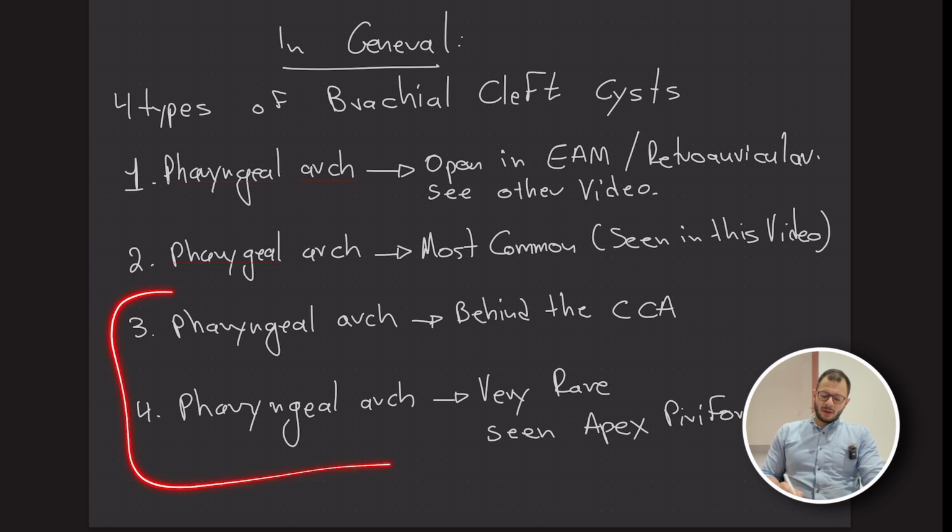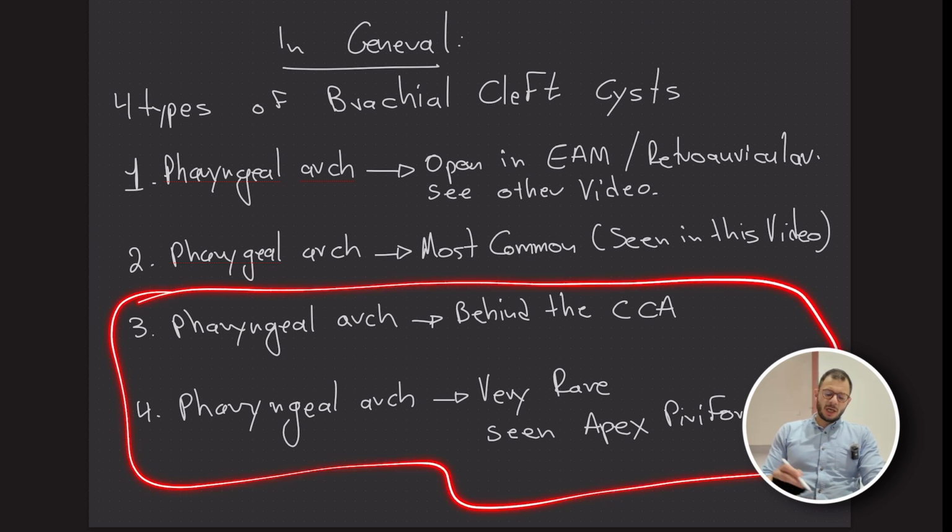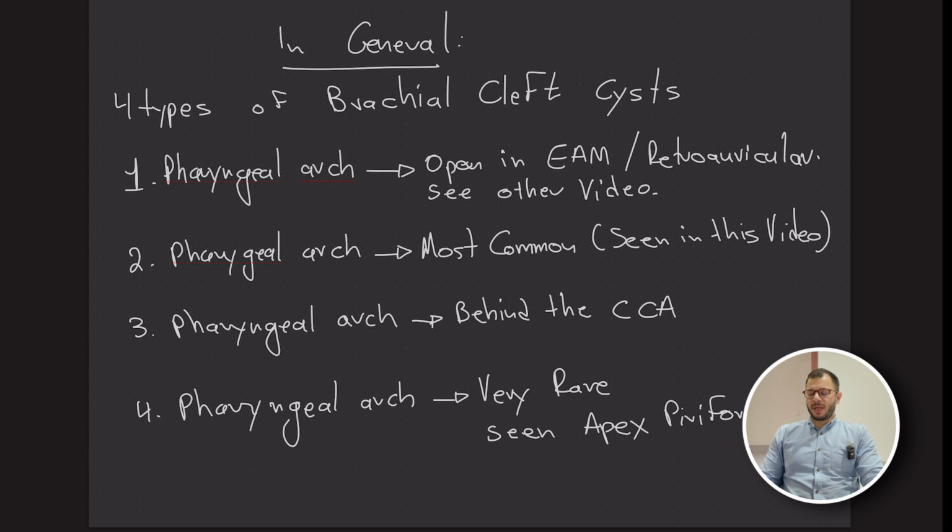Fistulas of the third and fourth pharyngeal arches will be extremely rare. Either they will appear behind the common carotid artery, or they will appear at the apex of the piriform sinus.